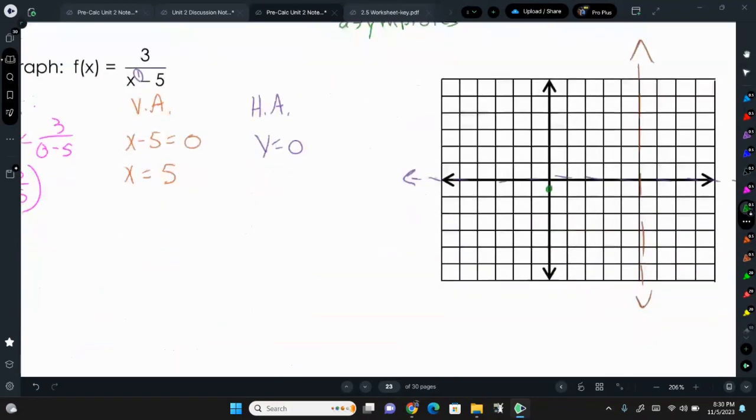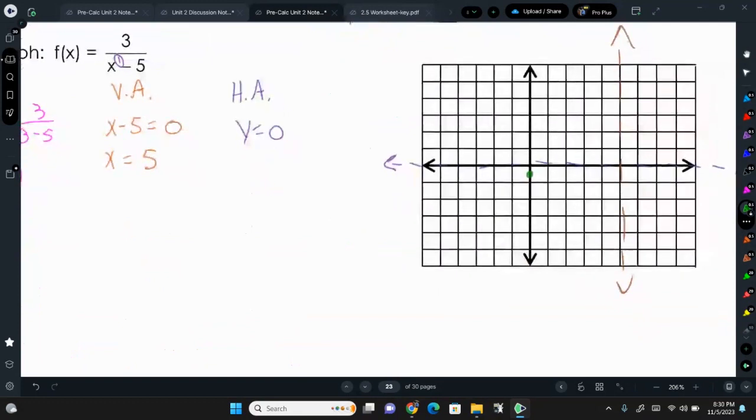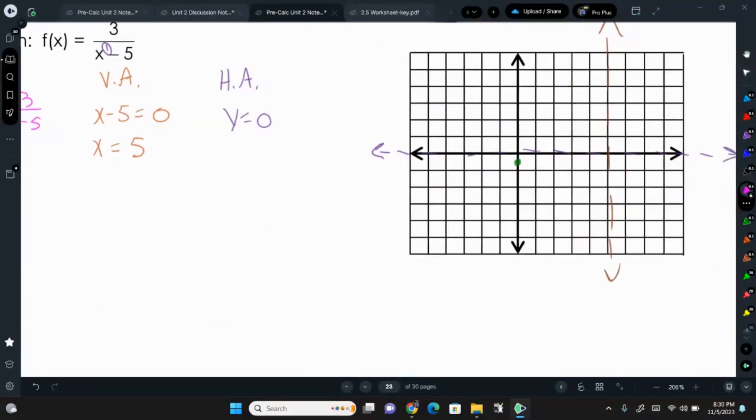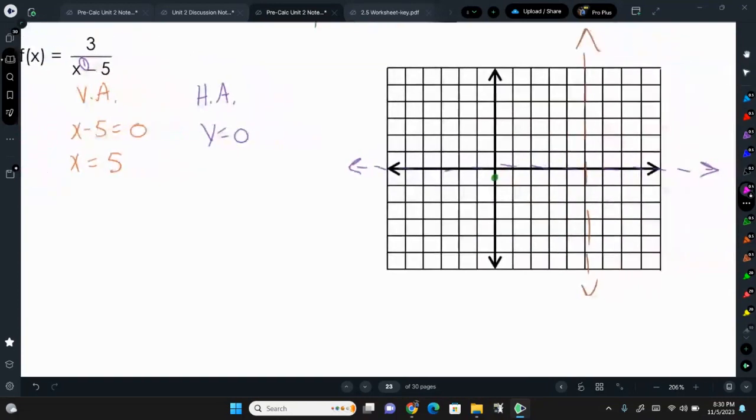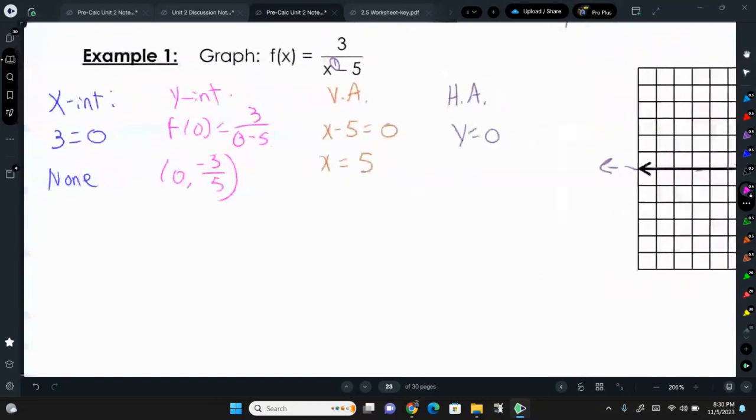So it is important for us to calculate that end behavior and that vertical behavior. So for our vertical behavior, we're going to calculate points around 5. So we're going to do like positive 5.1 and positive 4.9. And again, like yesterday, we're just trying to determine, is it going to be positive or negative?